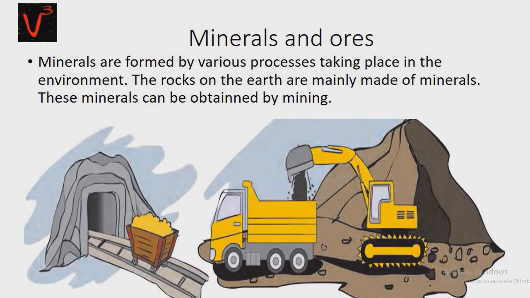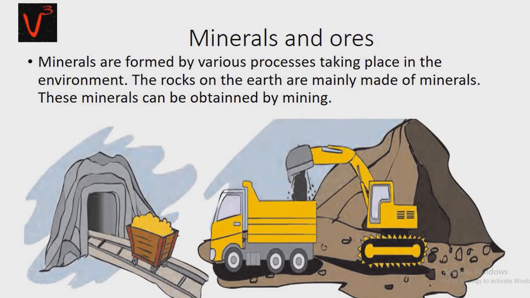Minerals are naturally occurring solid inorganic elements which are used for commercial purposes. Now, minerals that contain a high proportion of metal are called ores. It is economical to obtain metals from ores. The properties of minerals become clear from their characteristics like color, luster, hardness, shape.